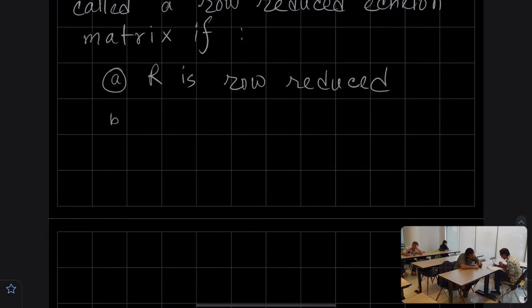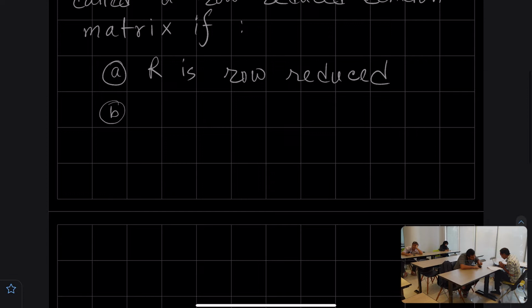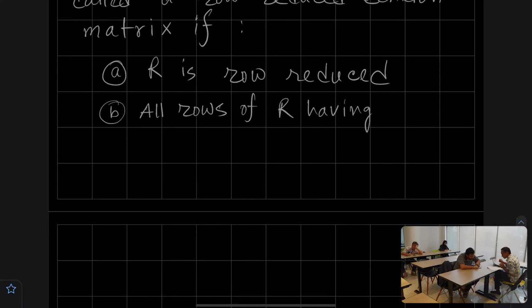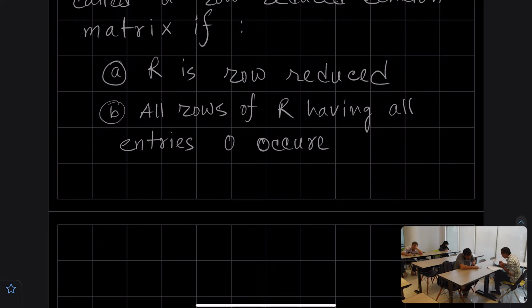The second condition is all rows of R having all entries 0 occur at the bottom of the matrix.